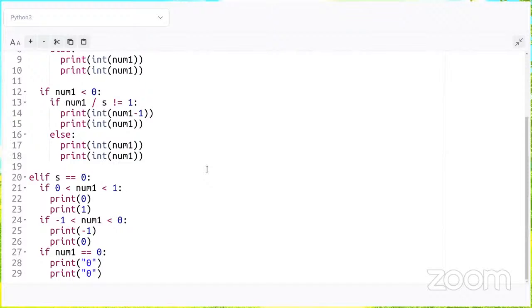And if the integer part of the number is 0, then I have created 3 cases. If the number lies between 0 and 1, then it will print 0 followed by 1. If the number lies between -1 and 0, then it will print -1 followed by 0. And if the number is 0, then it will print 0 followed by 0.